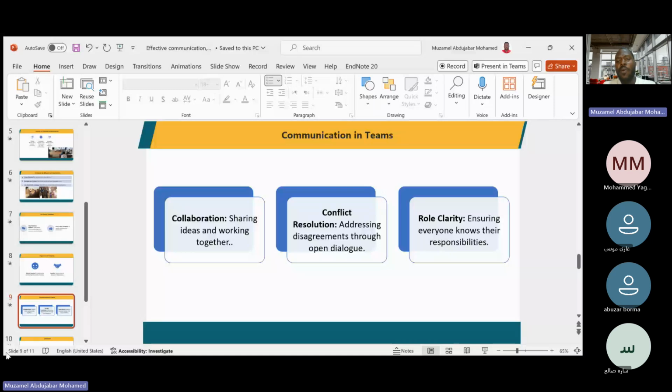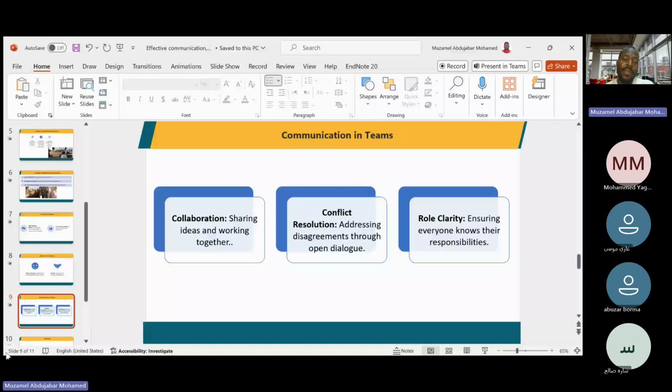Second is conflict resolution. Conflict resolution means addressing disagreements through open dialogue. Sometimes between teams there is a conflict. It's very important to address that conflict, to address the disagreement through open dialogue. If there is a conflict between two teams, it's very important to have open dialogue, to speak clearly about what the problem is and how you can overcome this issue.